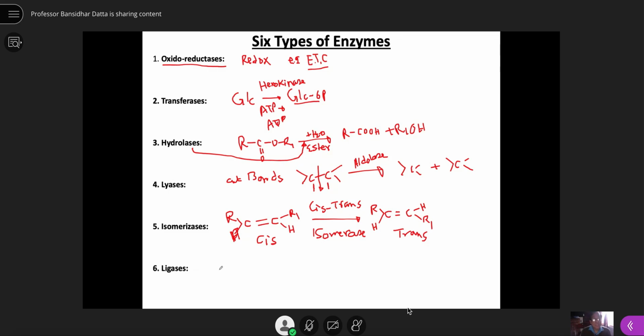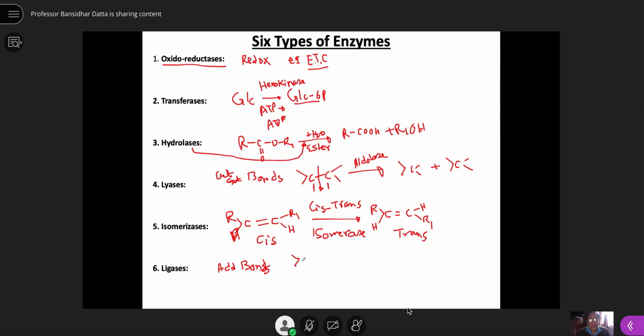Ligases basically add bonds. So the difference: lyases cut bonds, and ligases add bonds.